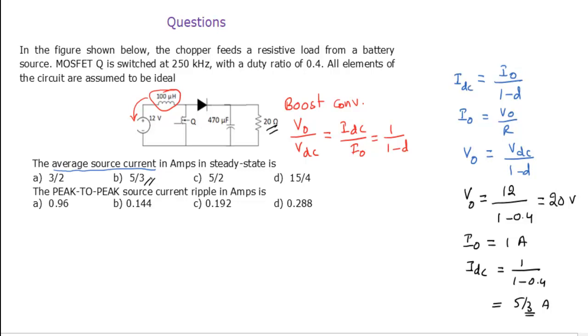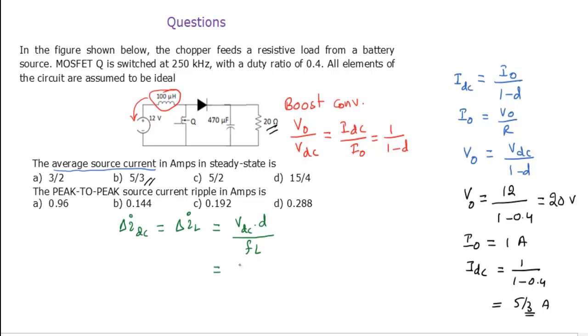Now there is another question we need to answer: the peak to peak source current ripple in amperes. In the case of a boost converter, the peak to peak ripple in the DC current is the same as the peak to peak ripple current in the inductor. That is equal to VDC into D by FL. So you can substitute that.